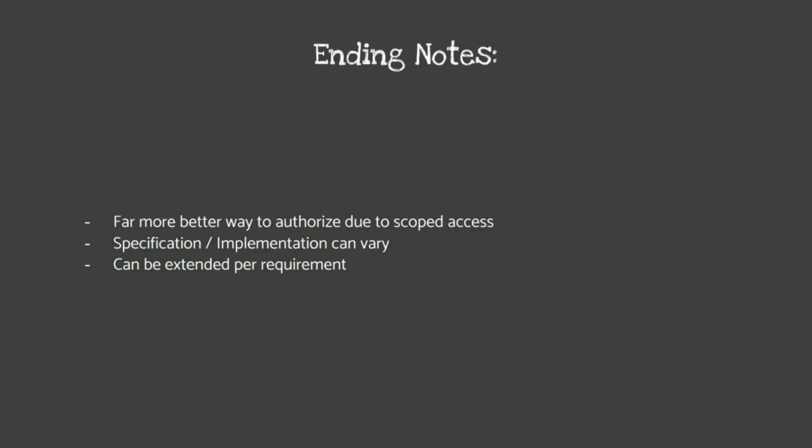It doesn't define specifically the access token format, access token validation, or user authentication, and the implementation can vary, and those are in the domain of the client application. And we can extend OAuth as per requirement. Let's say we want to add identity specification, we can use OpenID Connect. So yeah, that's all for now, and I'll see you guys in the next one.